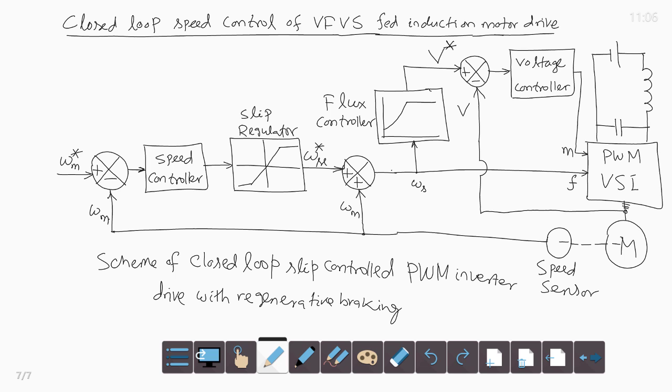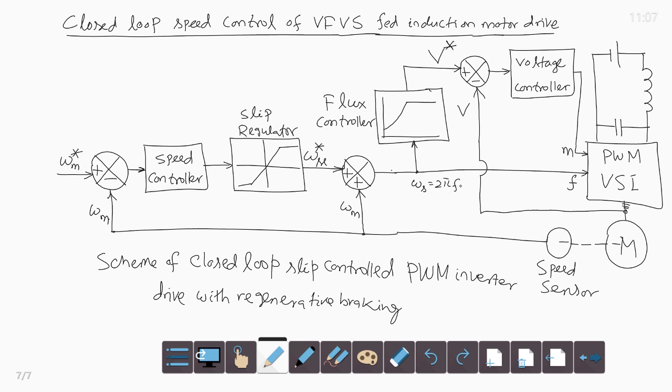The speed controller output is processed through a slip regulator that decides the omega SL star reference value of the slip speed depending upon the motor current and speed, and then omega m is added with omega SL star, that is the reference synchronous speed omega s, and this omega s is 2 pi f.